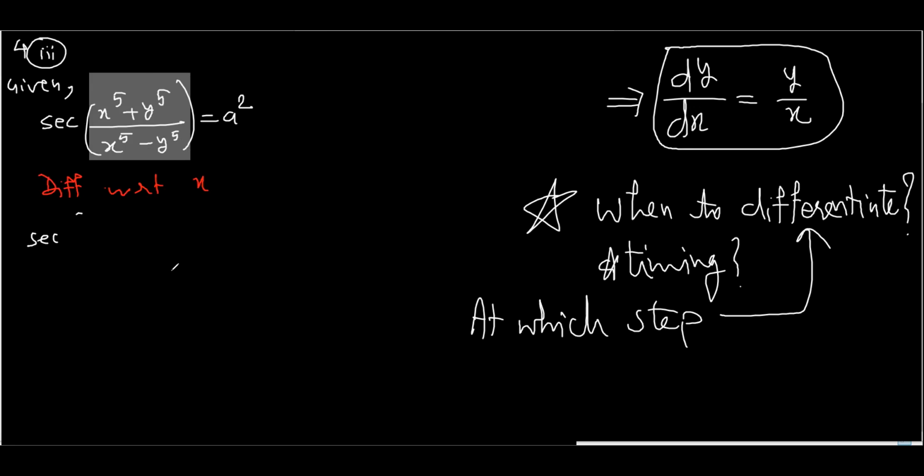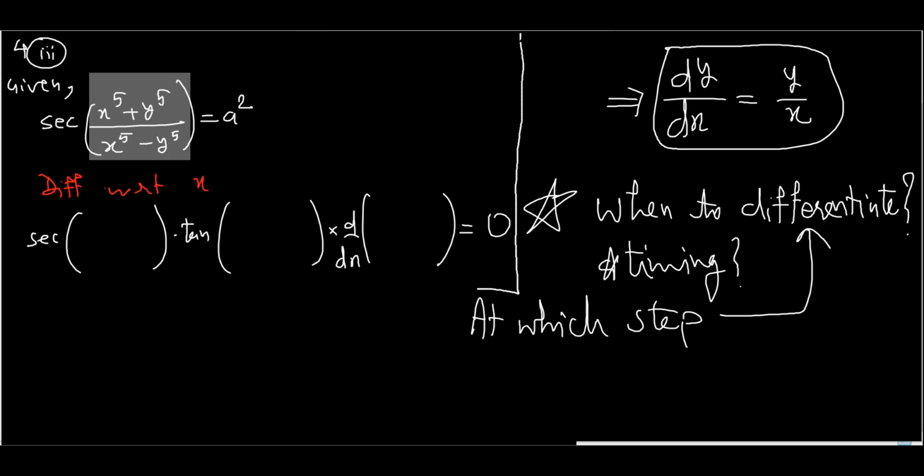So you will get sec of this bracket into tan of this bracket into the derivative of this bracket equals 0. The right hand side derivative will be 0 because it's a square.